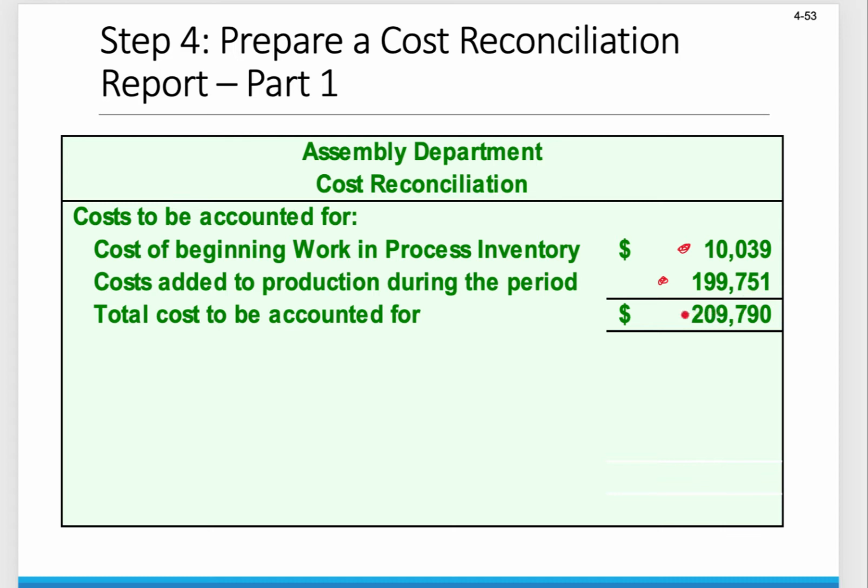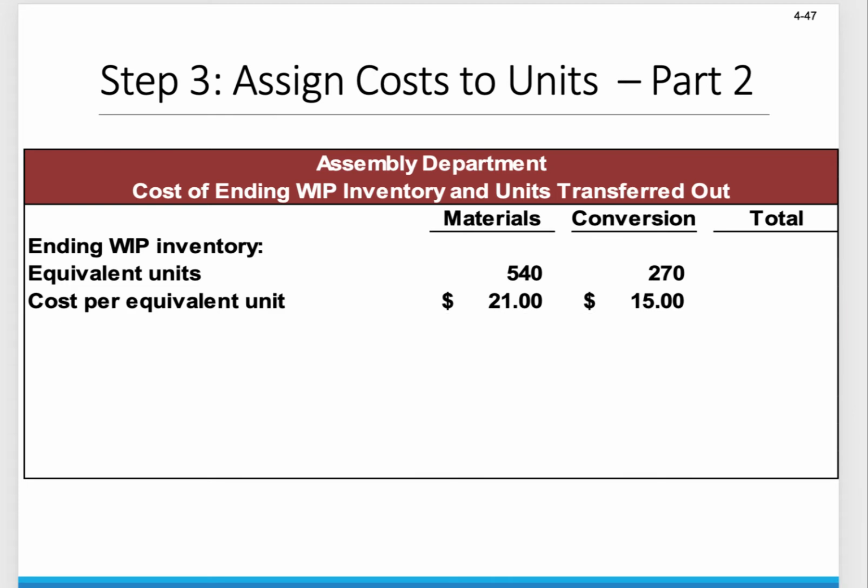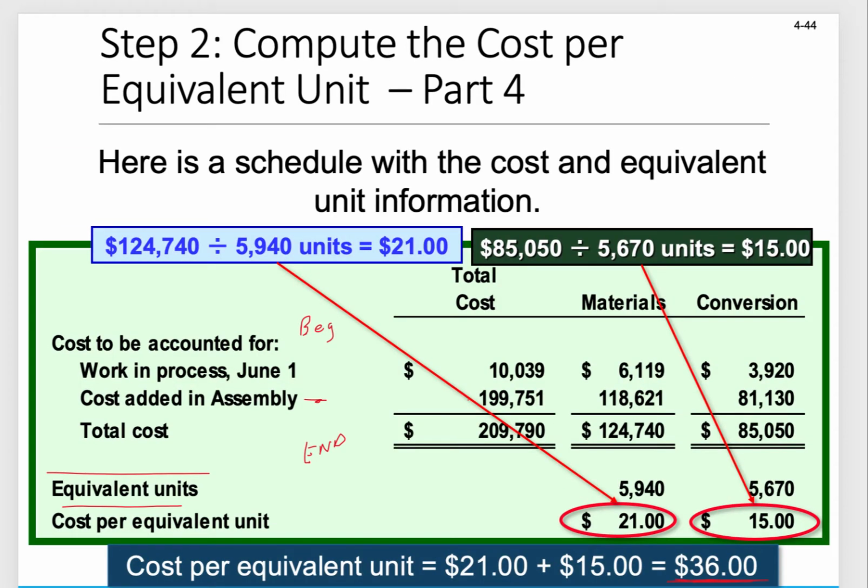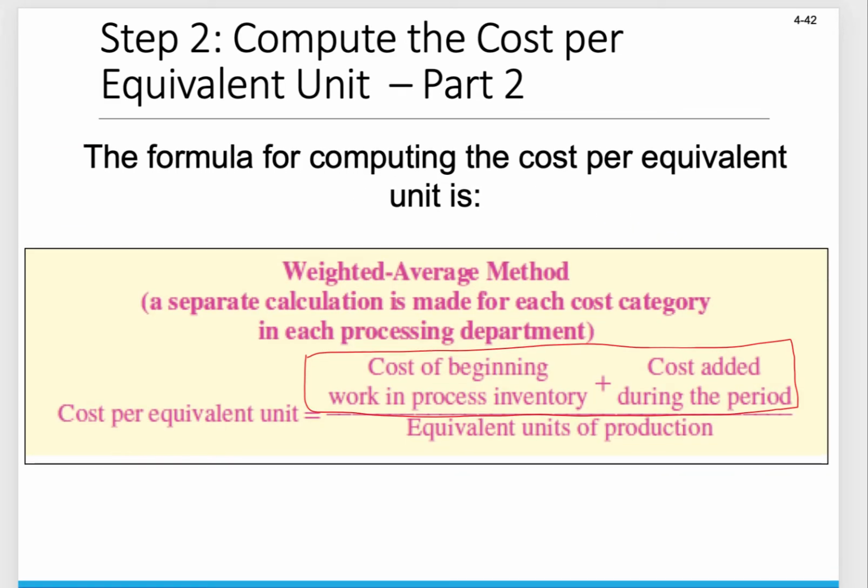That gives us costs to be accounted for of $209,790. Okay, where did these two numbers come from? Very easy. Let me show you. They were given to us. You just don't know that.